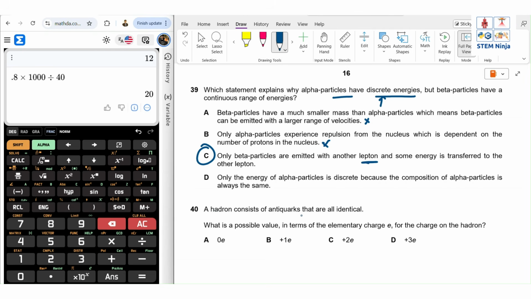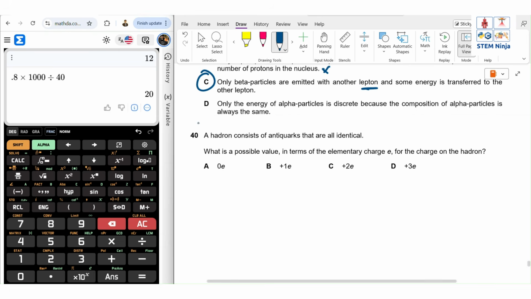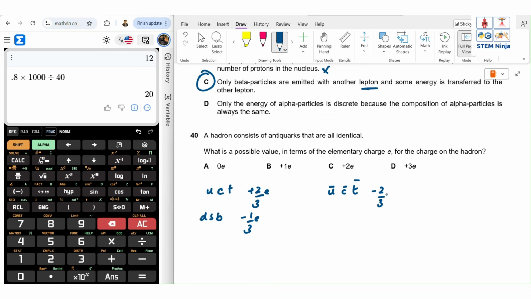A hadron consists of antiquarks that are all identical. What is a possible value in terms of the elementary charge e for the charge on the hadron? Usually the up, charm, top have plus 2/3 e charge, and down, strange, bottom have minus 1/3 e charge. But the antiquarks, up, charm, top anti will have minus 2/3 e, and down, strange, bottom anti will have plus 1/3 e charge.